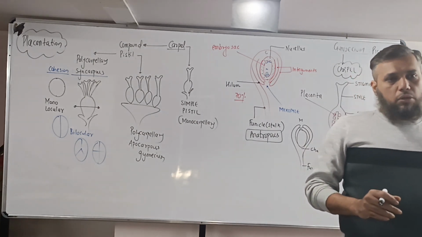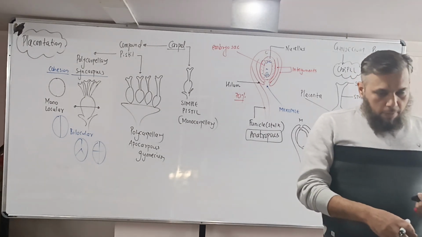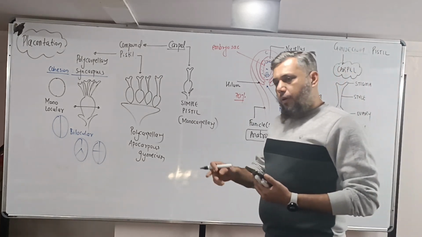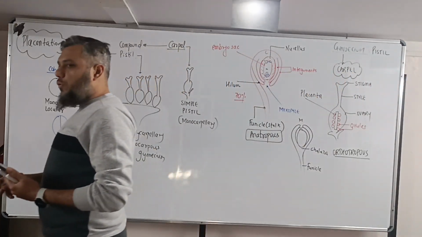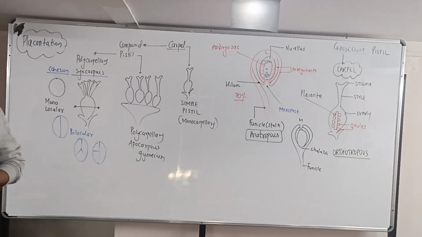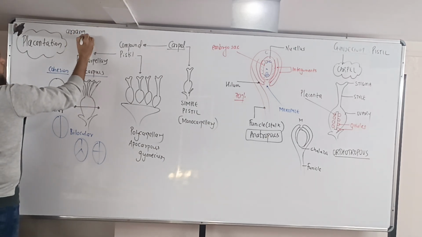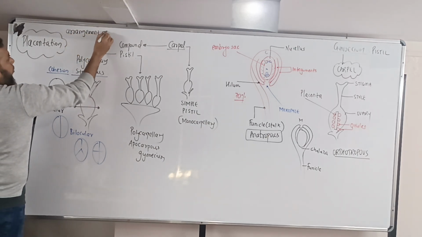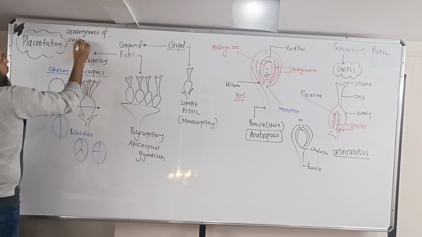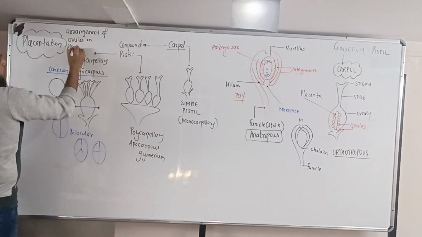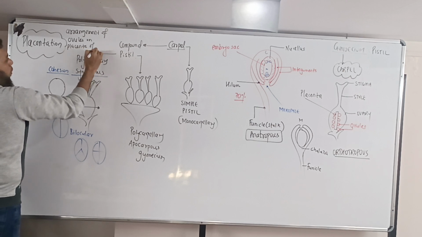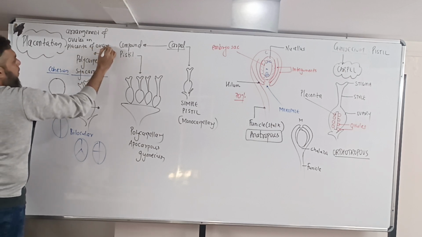Now tell me. Look at the diagrams and tell me, is the arrangement of ovules in all the ovaries the same or different? Different. I hope you got my point. So when you say placentation, you're talking about what? Arrangement of the ovules on the placenta of an ovary.